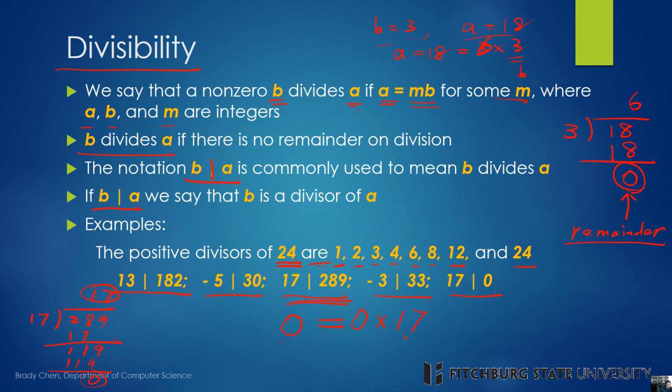Any number divides 0, because 0 can be written as 0 times any number. Not just 17. So 16 divides 0, 3 divides 0. Any number divides 0. So that's divisibility. Pretty simple, a very basic concept.